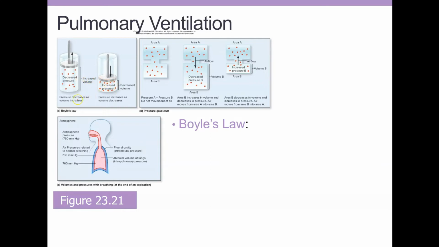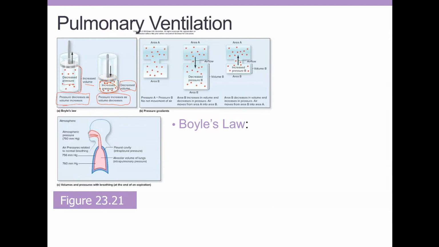So the rule here is that pressure is going to decrease as the volume increases. So this is a bigger volume, and we have decreased pressure. Flip side of that, pressure increases as volume decreases. So when we squeezed it and made that space smaller, it decreased the volume, and that in turn increases the pressure.